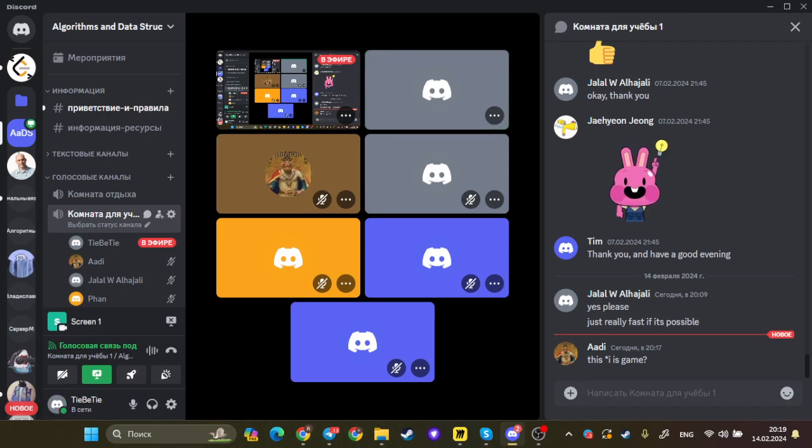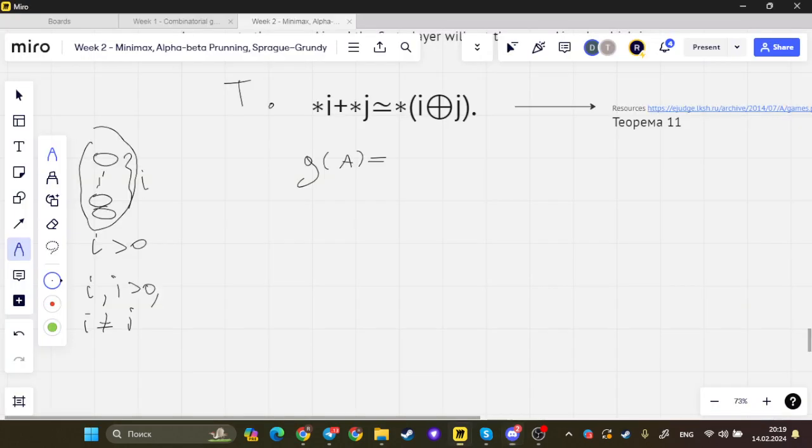Okay, and we need to prove this fact that if we take one pile, two piles, we can find what is isomorphic relative to Grundy equivalence.